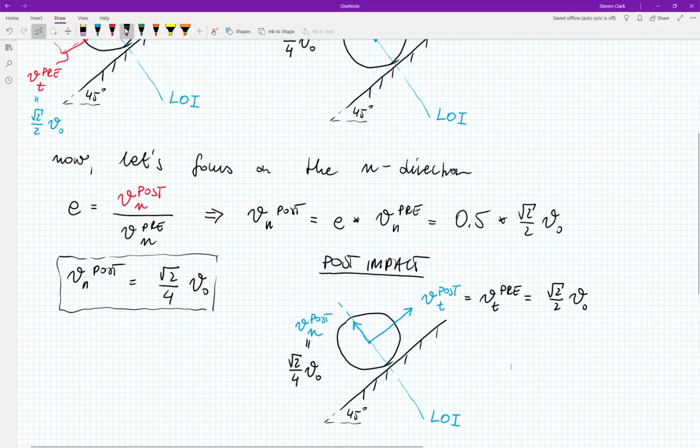And this is our velocity post-impact, V post. This is our vector post-impact, and you can see its components on the board.